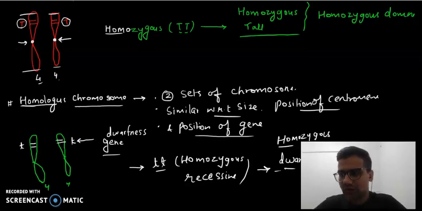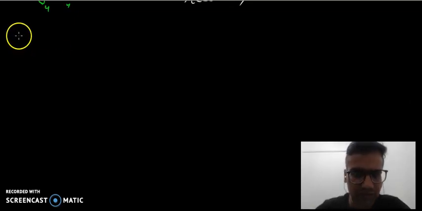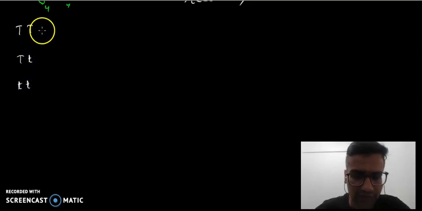So according to this, we can say that there can be three forms of the homologous chromosome. The one form could be homozygous dominant, the other form could be heterozygous dominant, and the last form could be homozygous recessive.